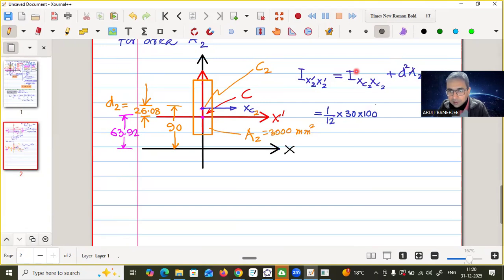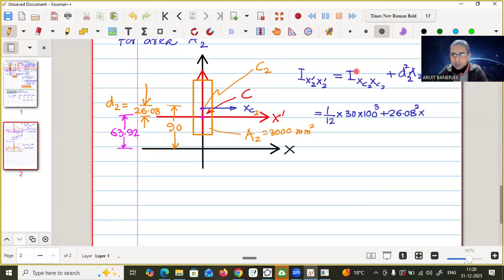Exactly. 100 cube plus D square. This will be D2. So D2 square, how much? D2 means 26.08. 26.08 squared multiplied by A2. A2 is 3000. So please calculate and tell me.